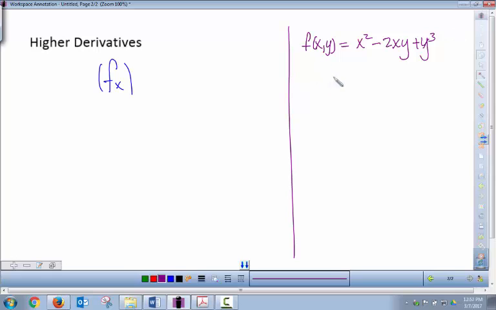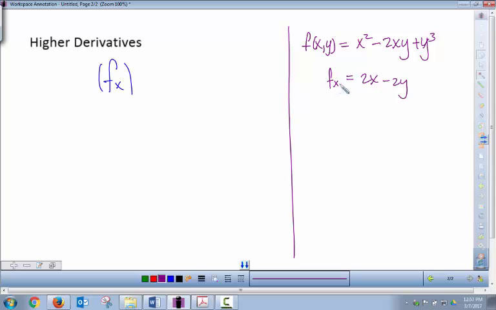The first derivative we could consider is the derivative with respect to x. So let's see what this is equal to. This is 2x minus 2y, and then the last component 0. So that's our first derivative.